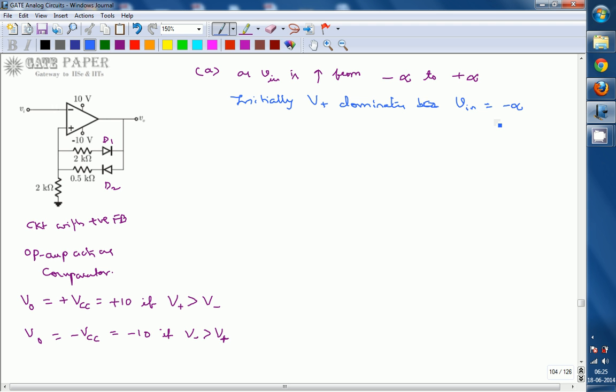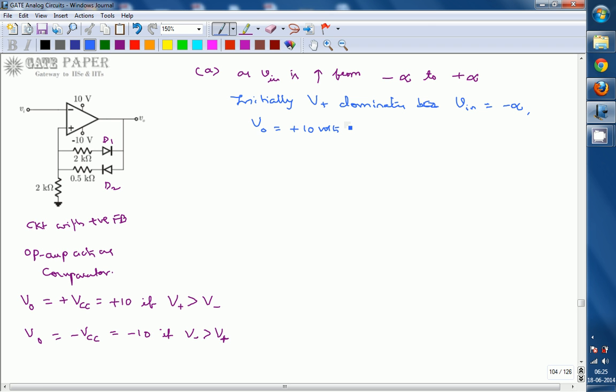So the non-inverting terminal dominates initially, so V0 will be at plus VCC, that is, plus 10 volts.